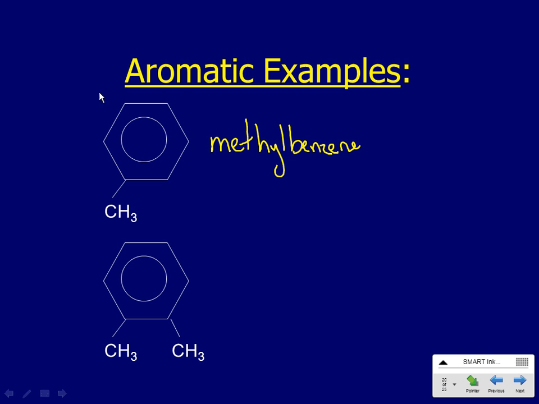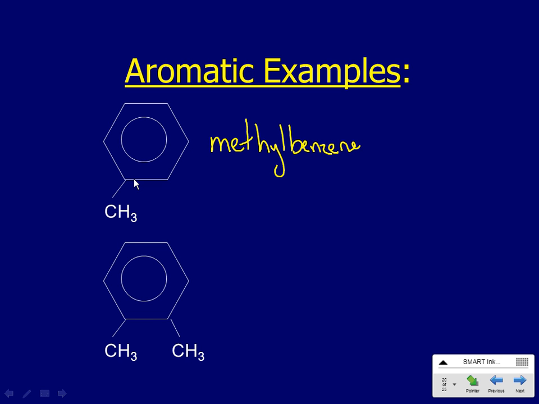Because we have the benzene ring as the main structure, it gets our base name, benzene, and then we put a branch on it. No need for a number because there's only one, and you just stick it on there and you're going to get the picture right if you have to draw it.